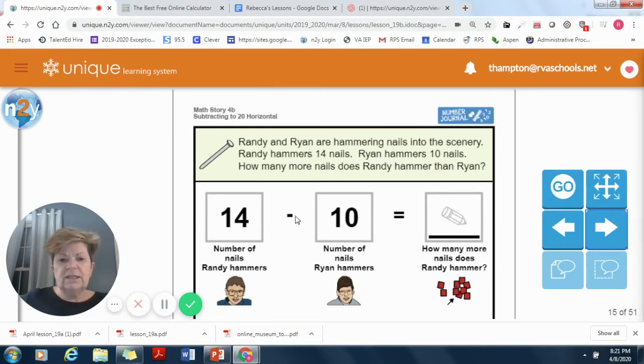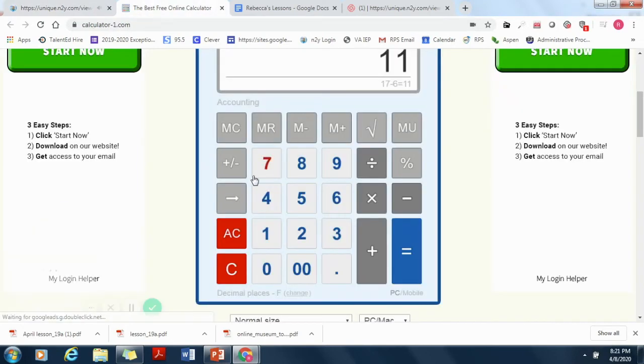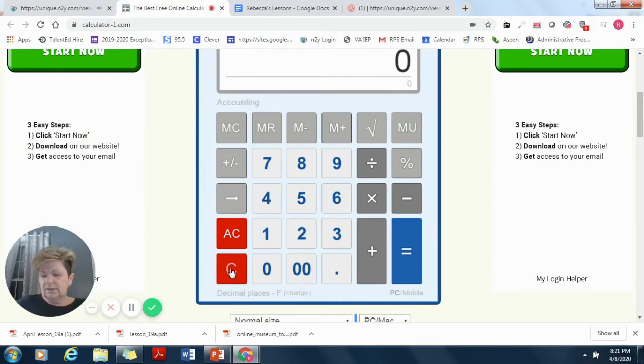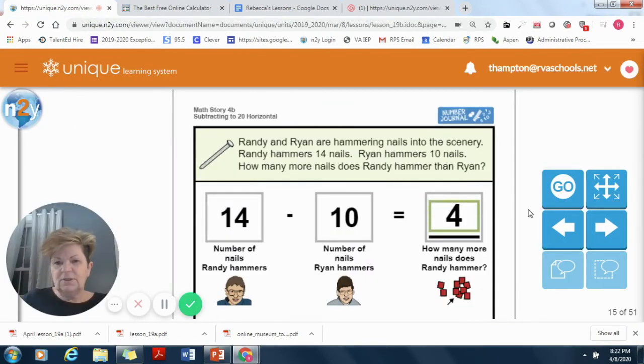So 14 minus 10 is 4. Very good. Let's check our calculator. Always hit clear. 14 minus 10 equals 4. We match? Yes, indeed we do.